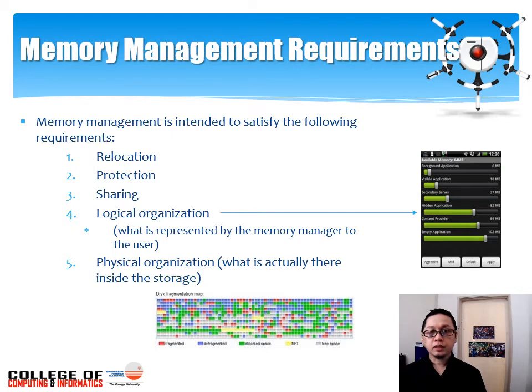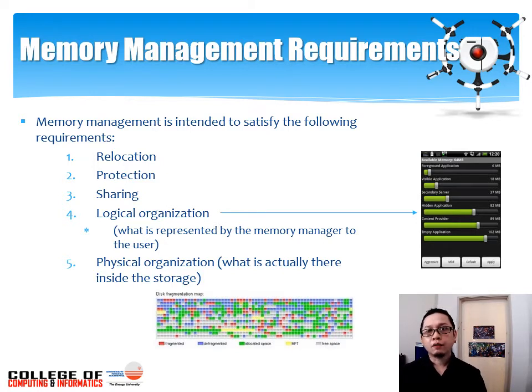Fourth, of course, is the capability of having a logical organization and the physical organization. The concept is that logical organization is what we see as the user. Usually, logical organization is a visual representation of the memory that is easily understood by the user.